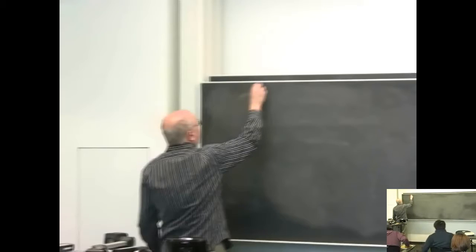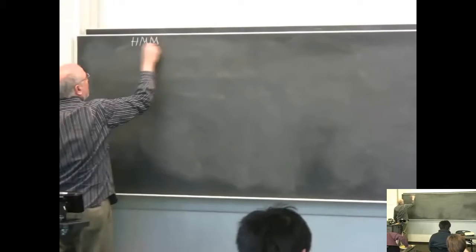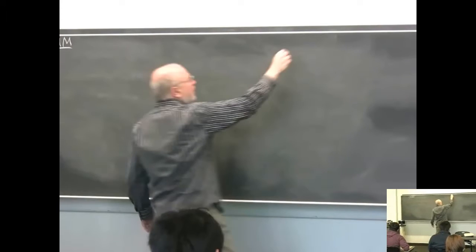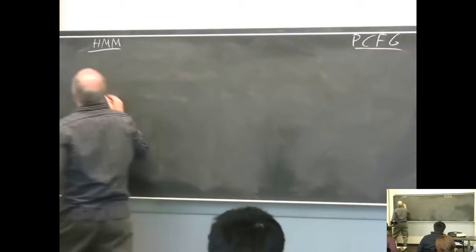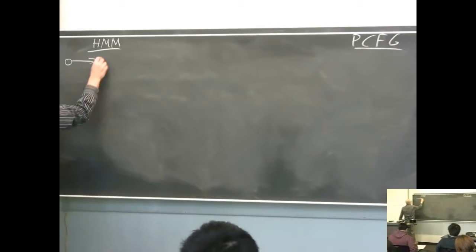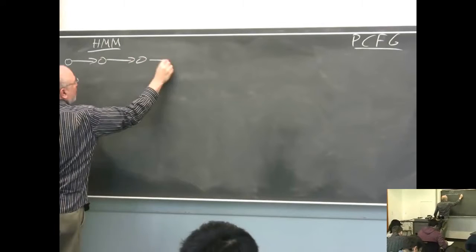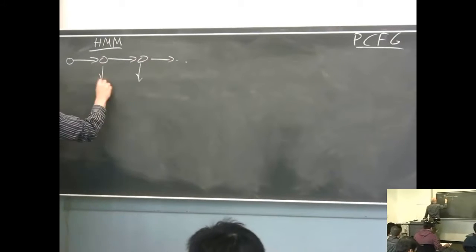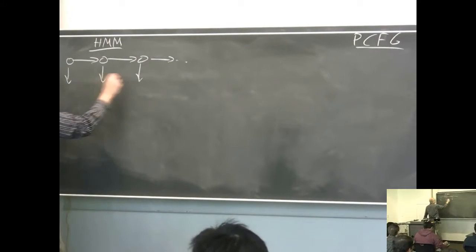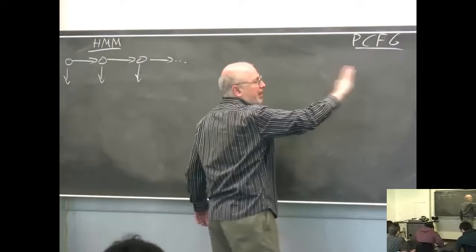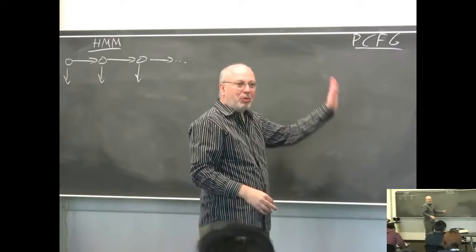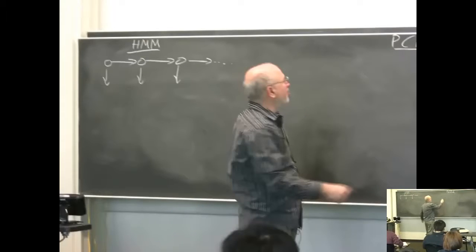We'll start with the graphical representation. So HMM will be here, and PCFG will be here. The graphical representation is something like this. Whereas here, I'll write it sideways. I wrote it top to bottom before, but I'm trying to take a similar amount of space.